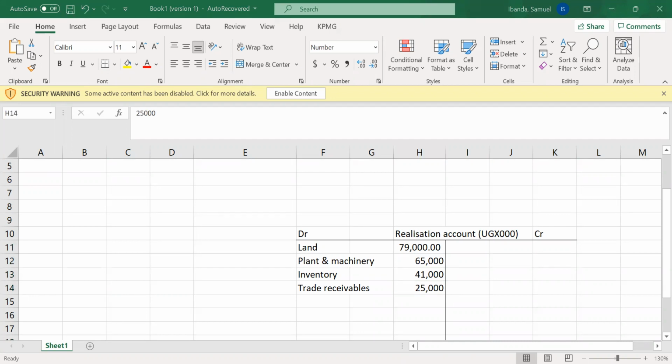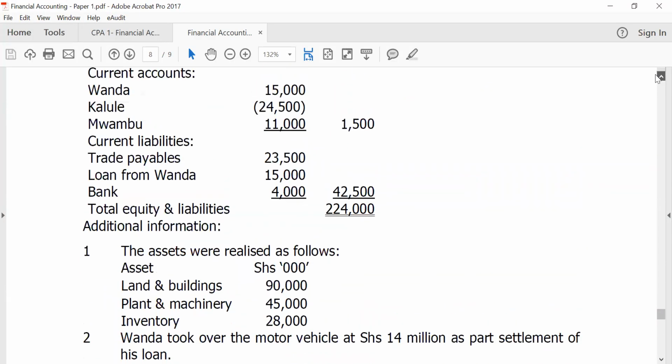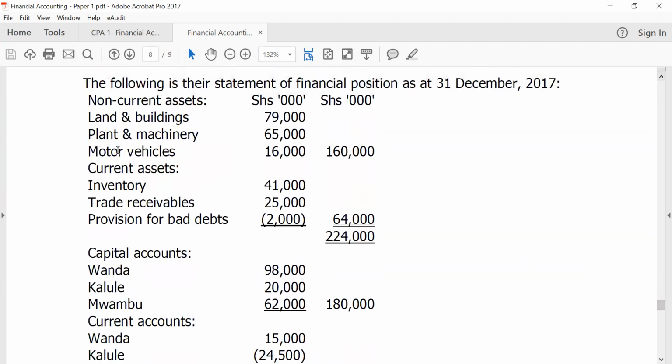Now, one of the things that we also need to look at is when you look at your balance sheet, which we have, information here. When you look here, we have this provision for bad debts. Now, this provision for bad debts, we know very well from the treatment of provision for bad debts that provision for bad debts reduces your accounts receivable.